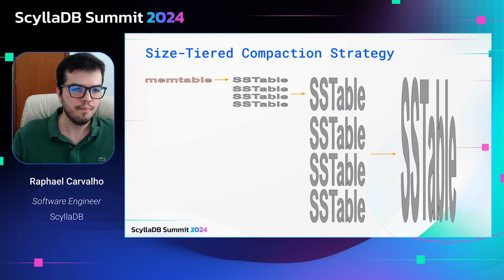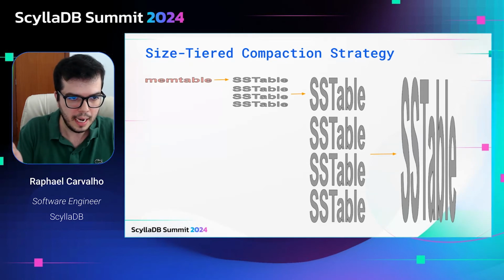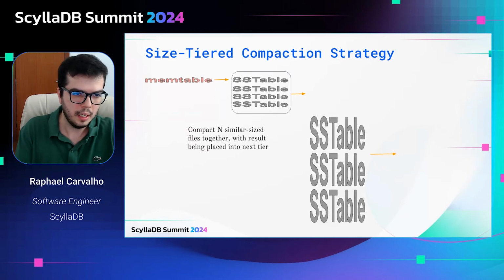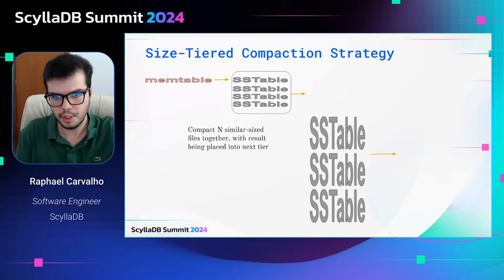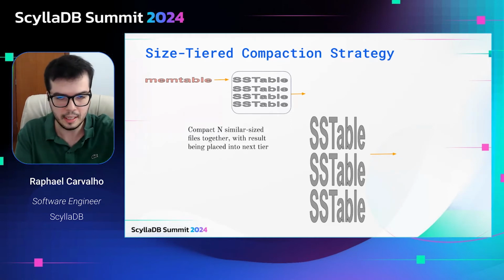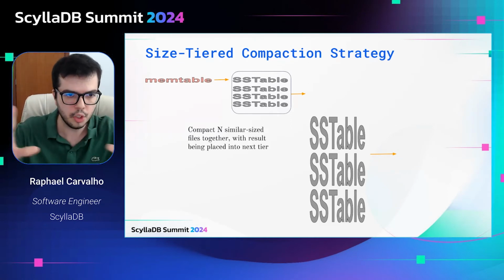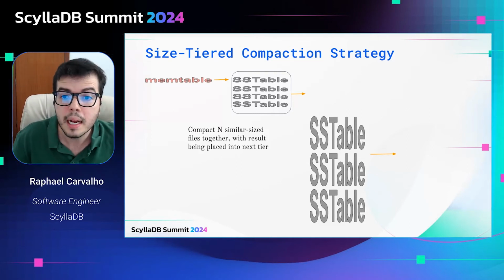So essentially, how does size-tiered work? The idea is that it waits for similar-sized SSTables to accumulate in a particular level, for example, in the first level after a memtable. We wait for those SSTables to accumulate, and once they accumulate, we start the compaction process, which is going to compact the redundant data, and on completion, it's going to create an output SSTable, which is the combination of all the data in the input SSTables.